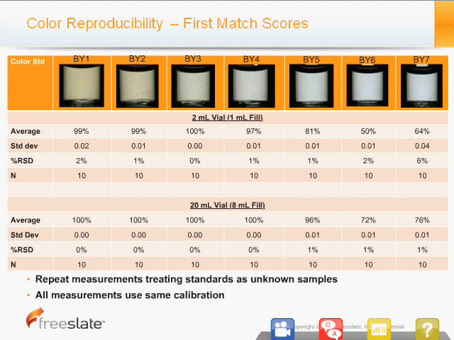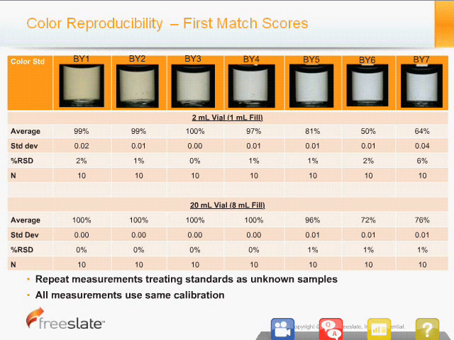From 10 consecutive measurements, where N is the number of measurements, we get an average match score of 99% to BY1. So you can see that after we calibrate the system, the standards themselves match very highly; you get the same standard back that you calibrated with.